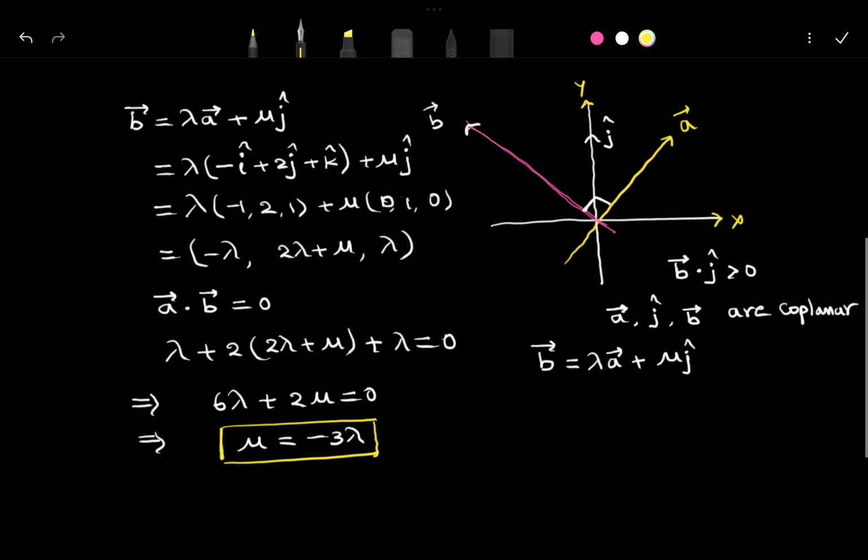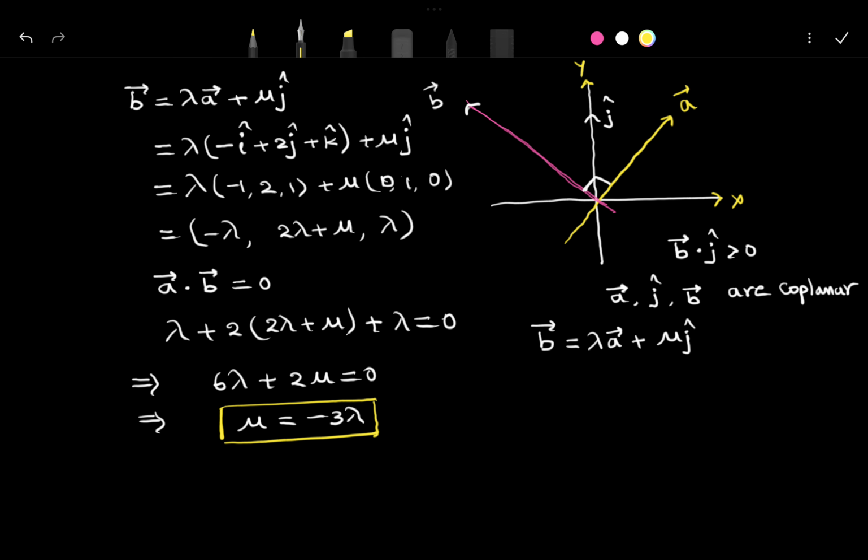Now substitute this in b bar. Therefore b bar equals (minus lambda, 2 lambda plus mu, lambda), which becomes (minus lambda, 2 lambda minus 3 lambda, lambda).